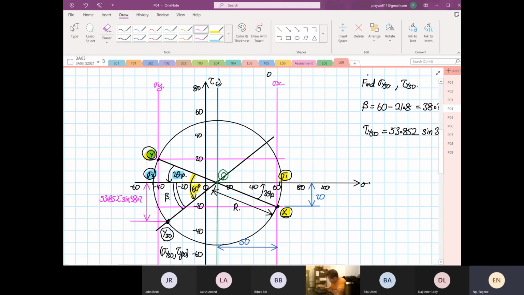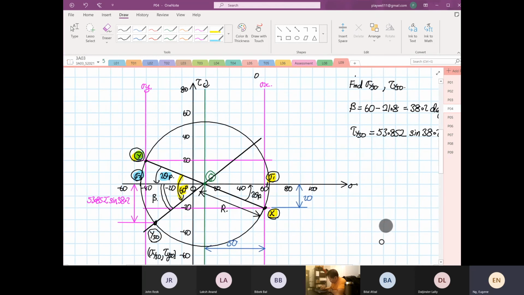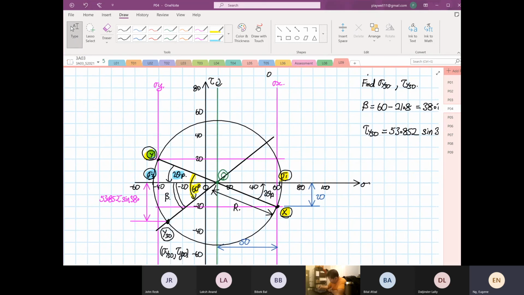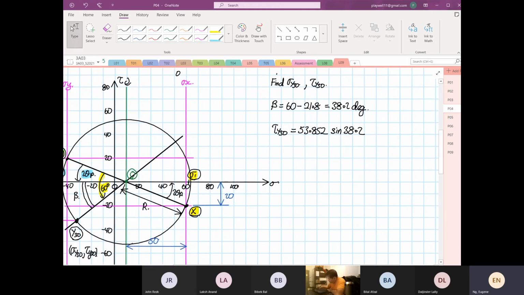Hold on. 53.852 sine 38.2. So that's the height.